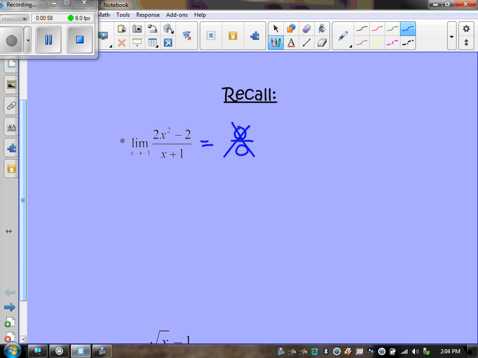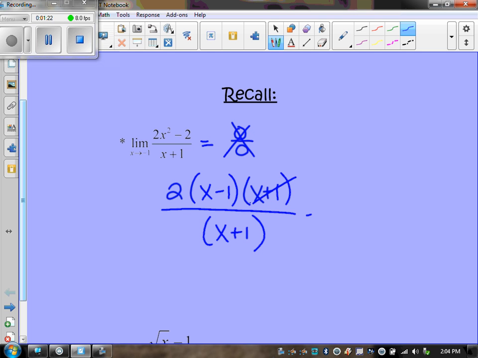So what did we do if direct substitution didn't work? Well, we did a couple things. One of them was trying to factor our problem and simplify. So I can GCF out a 2, leaving me with an x squared minus 1 that I can also factor into an x minus 1 and an x plus 1. So the top factors into a 2, an x minus 1, and an x plus 1. The bottom is an x plus 1, and then I can go ahead and reduce off my x plus 1 from the top and the bottom, and then I can redo my limit as x approaches -1.